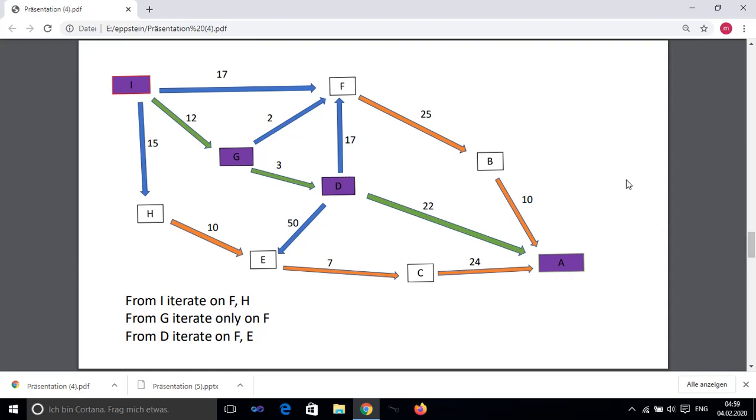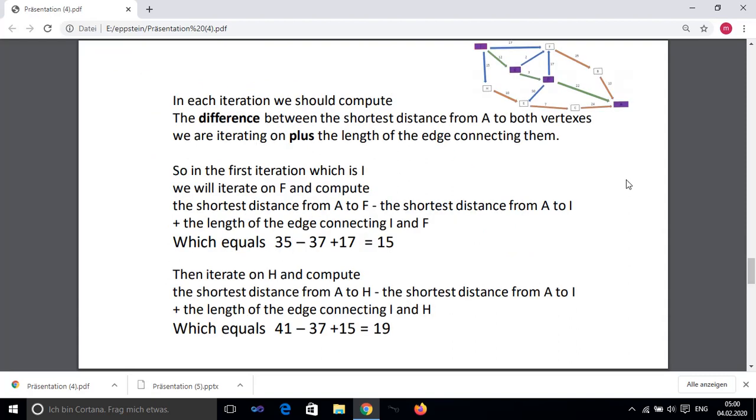A has no reachable node to iterate on. In each iteration we should compute the difference between the shortest distance from A to both vertexes we are iterating on, plus the length of the edge connecting them.